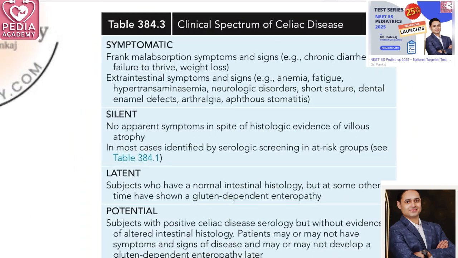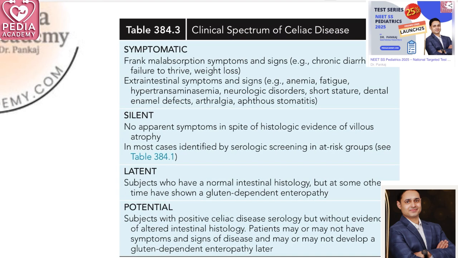Again, what is the clinical spectrum of celiac disease? It is divided into symptomatic, silent, latent, and potential. So these are the four clinical spectra of celiac disease.